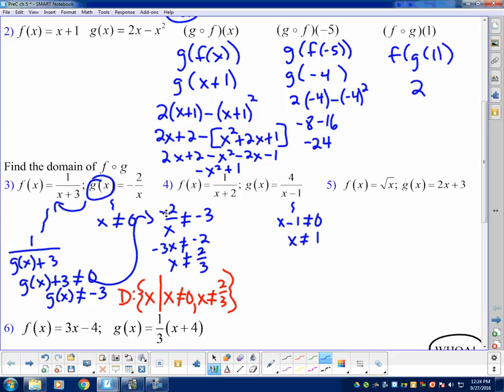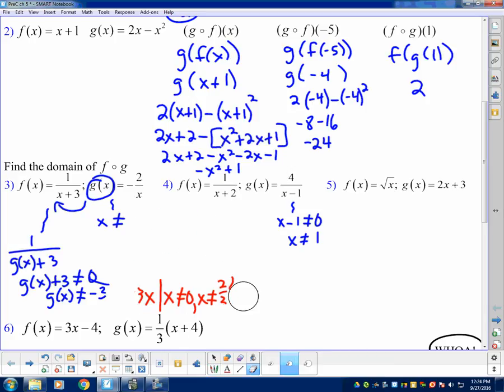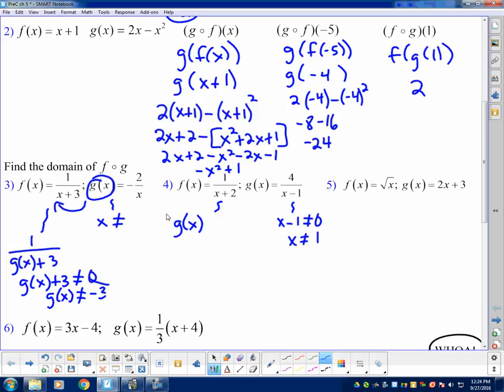Because when I take this function and put it in over here, I also have a restriction in the bottom of that fraction. So right here I have g of x plus 2 can also not equal 0.